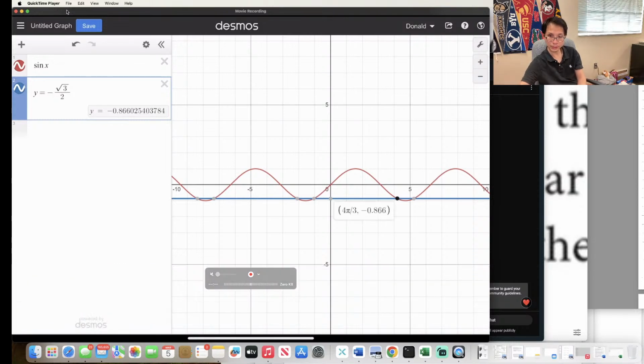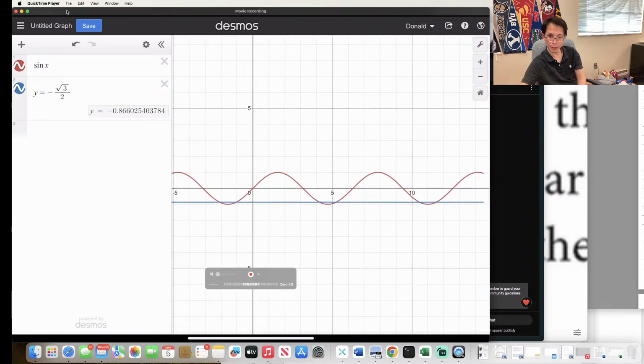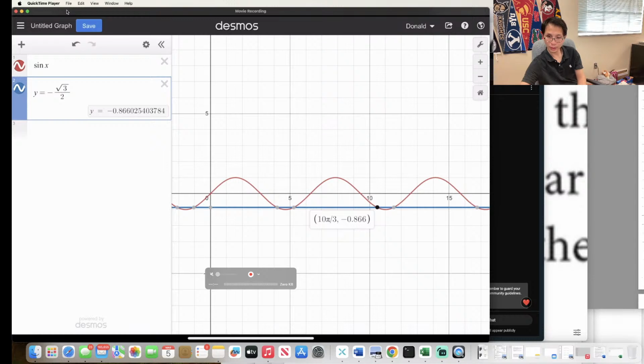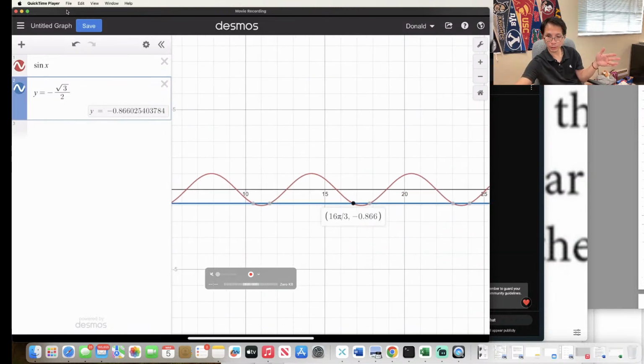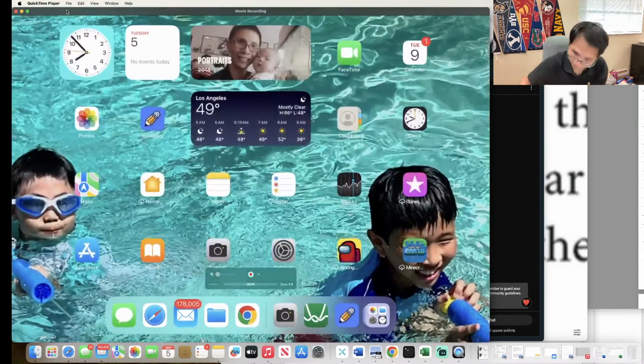There is here 4 pi over 3, 5 pi over 3, like Yen says. But there's also the next one, 10 pi over 3 and 11 pi over 3. What's the difference? You're adding what? 2 pi, or it could be multiples of 2 pi. So there are infinite answers, not only one. So this is called the general solution. Is that okay?